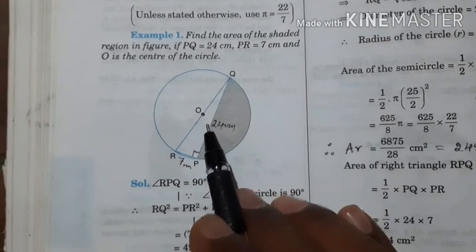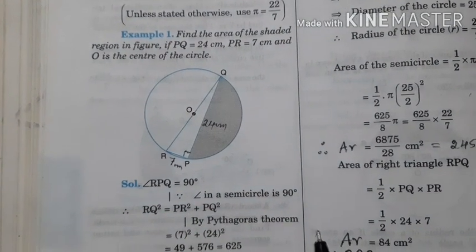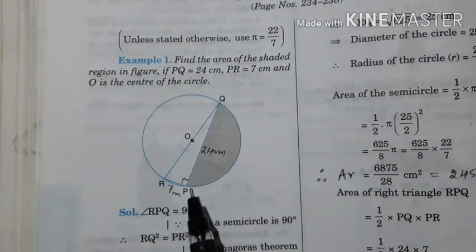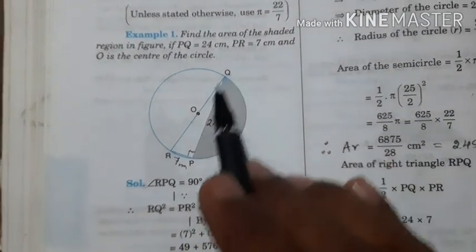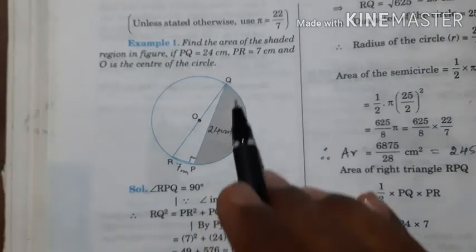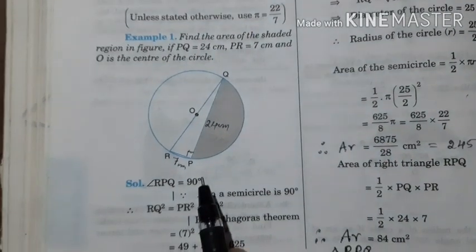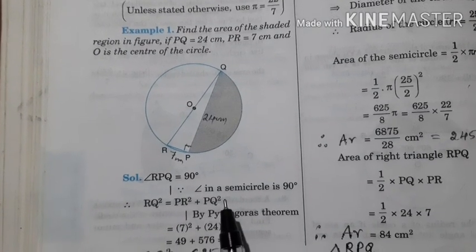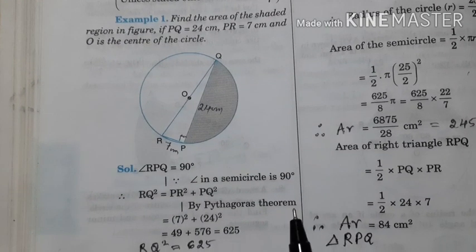Let us apply Pythagoras theorem to right angle triangle RPQ. RQ square is equal to RP square plus PQ square.